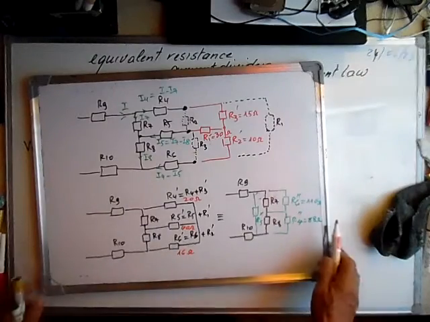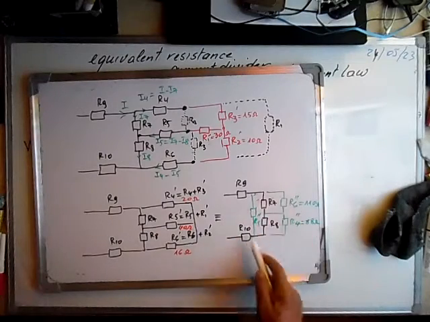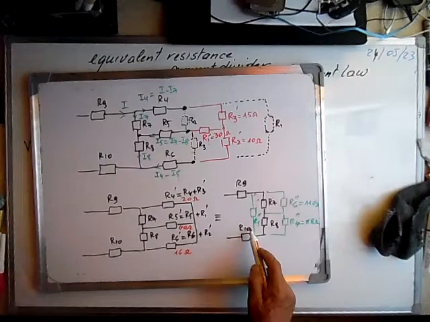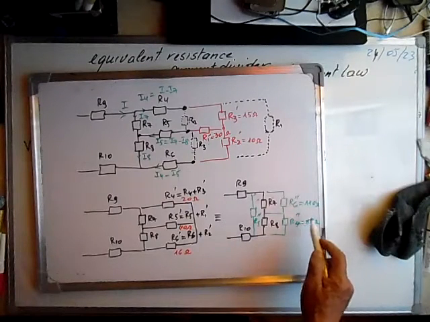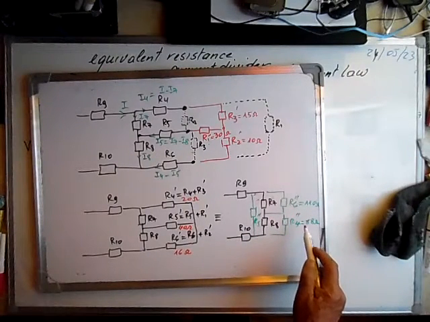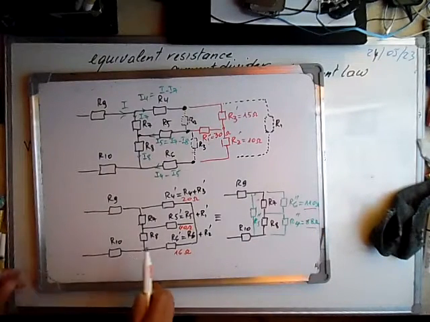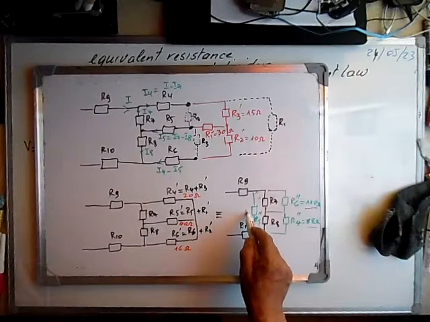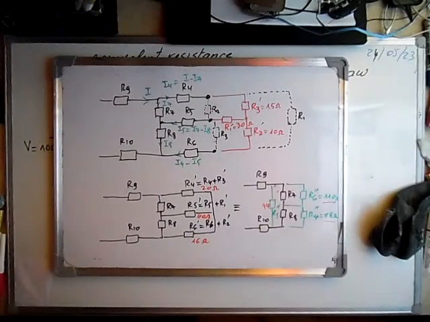So we do another transformation, which is star to delta, that is here, and we calculated these values as R5 prime, R6 prime, R4 prime, which is 88, 110, and 44 here. Now we can calculate the equivalent resistance, and later we can calculate the currents.